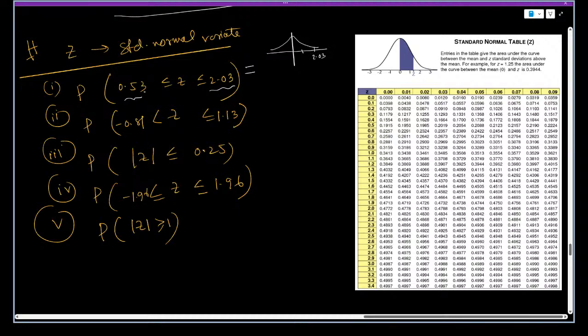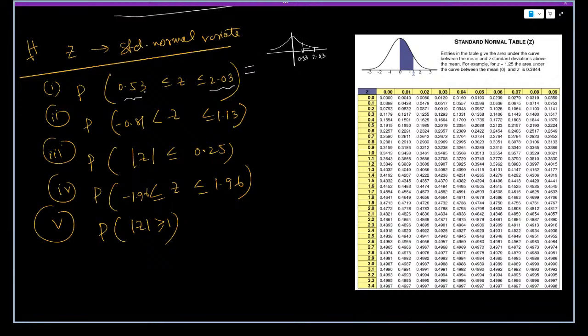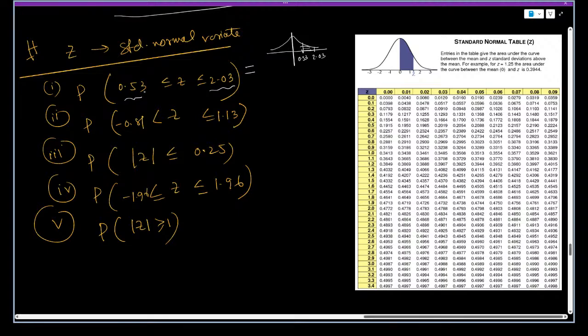This is 2.03. You are going to find this area, the probability between 0.53 and 2.03. This part is 2.03. What is its value?